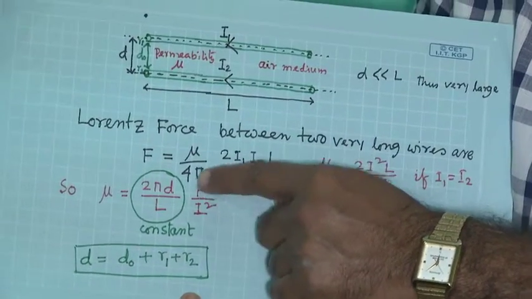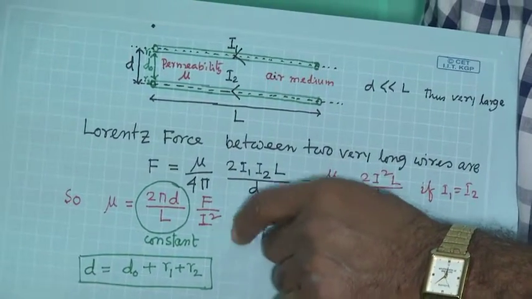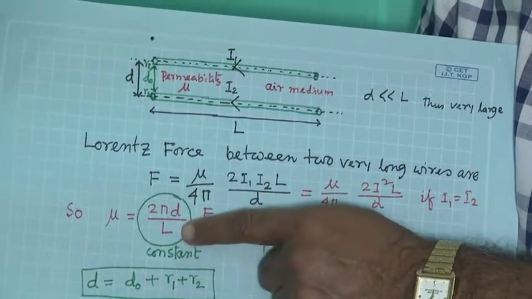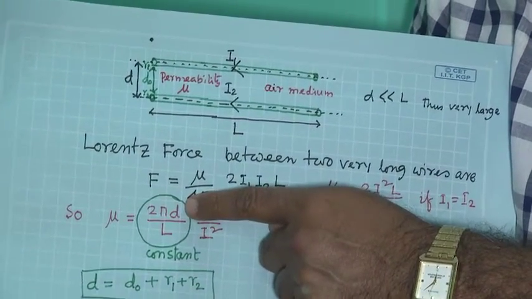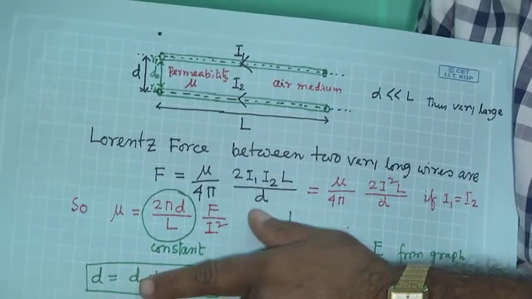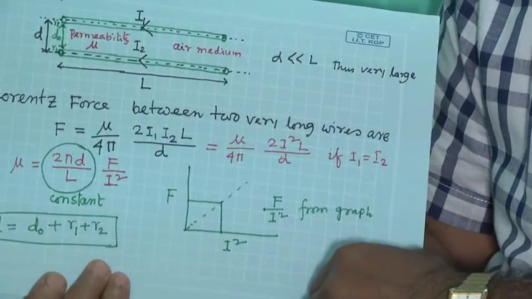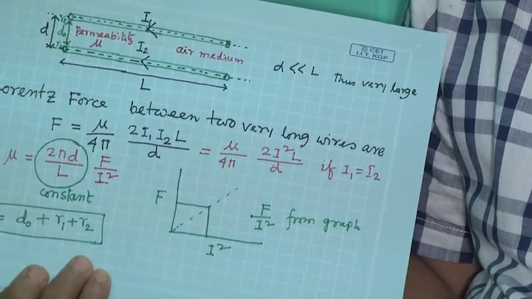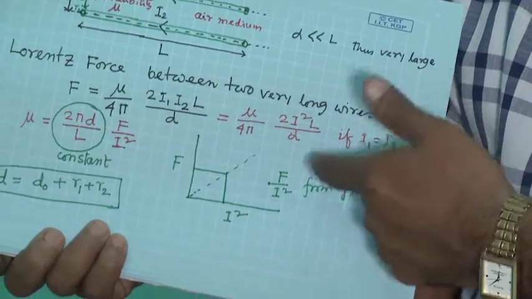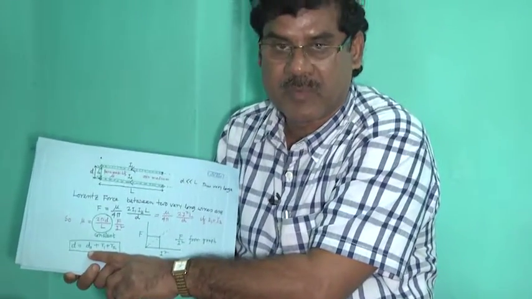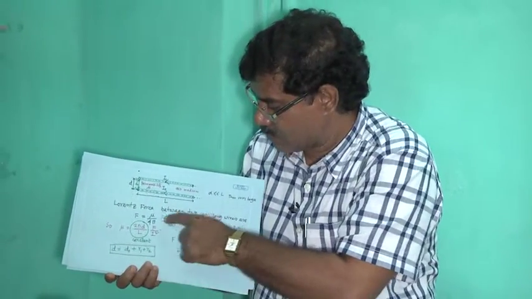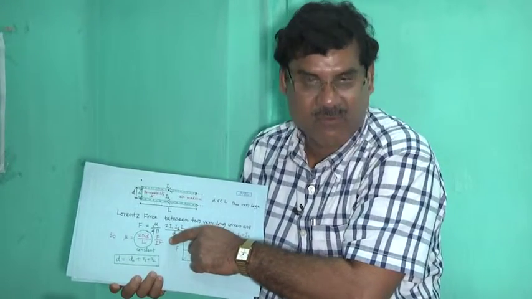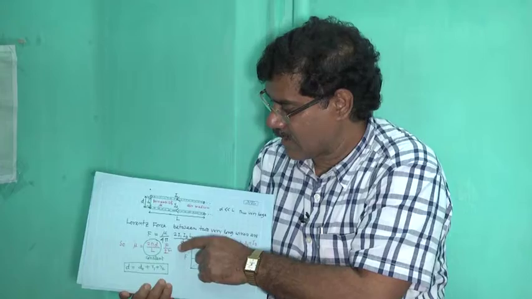So, that slope we will use here, and then length we will measure, and D also we know, for that D0 we have to measure, right. Now, let me show you first this experimental setup, and then I will tell you how to measure D0 and how to find out the slope.